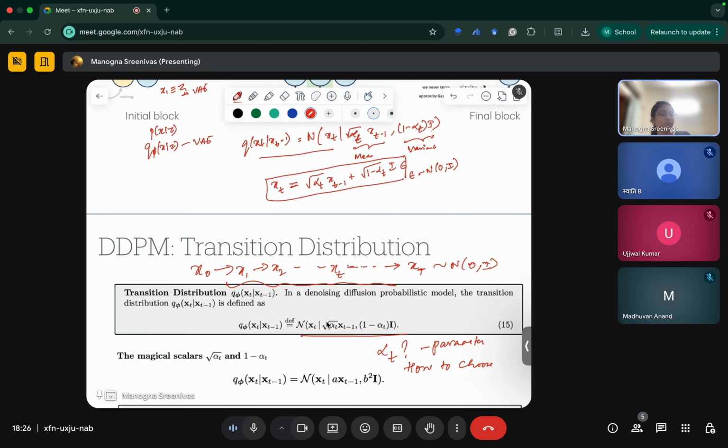So how should alpha t be chosen? What is a constraint we should impose while choosing these intermediate alpha t's?